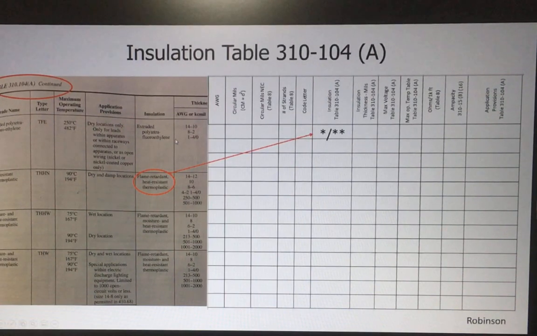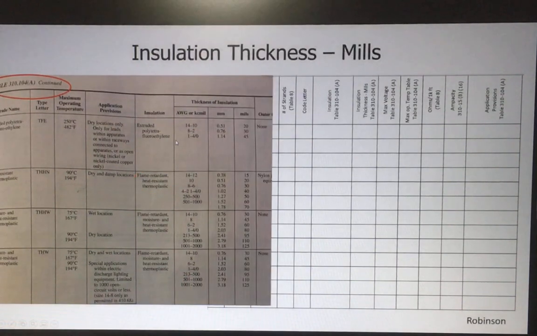So you just have to put that on the bottom of your table. And then the insulation thickness is still on table 310.104(A). So you can see here, it is 40 mils thick.